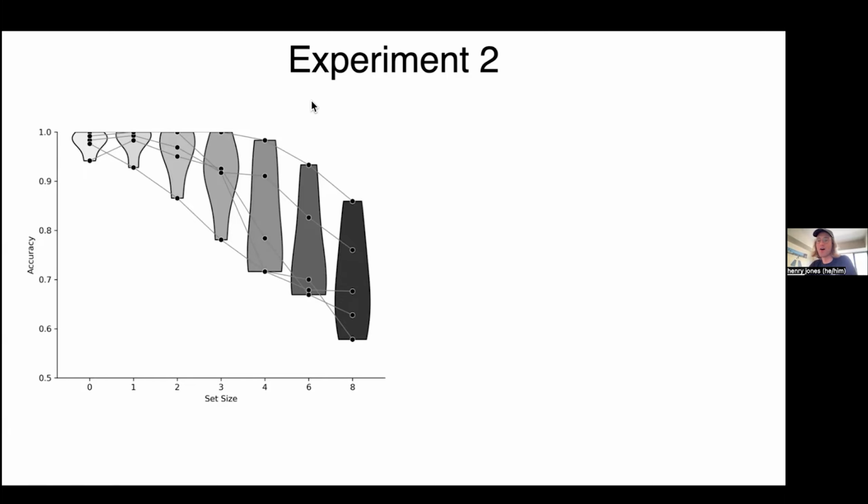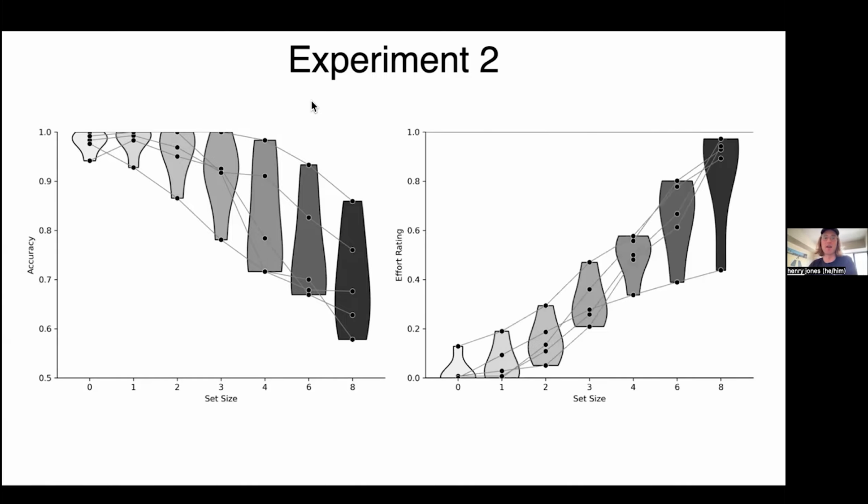But for this experiment, we also added an explicit effort slider where we asked participants to rate how much effort they felt like they were putting into the task. And they were sort of normalized, with 0 being no effort at all and 1 being max effort possible. And we see that people do feel like they are trying harder and harder.